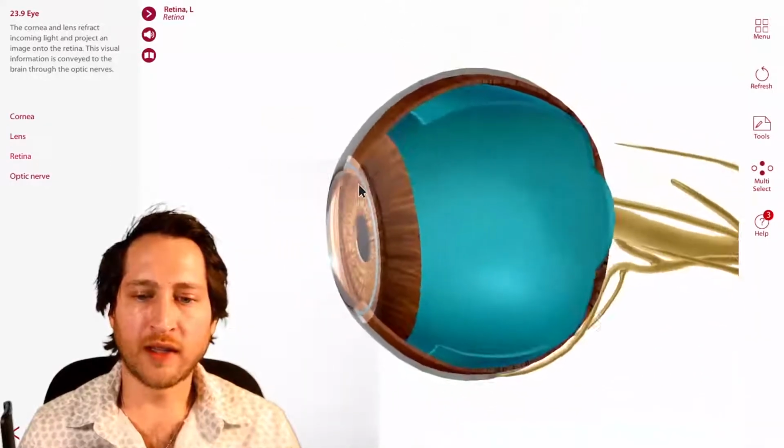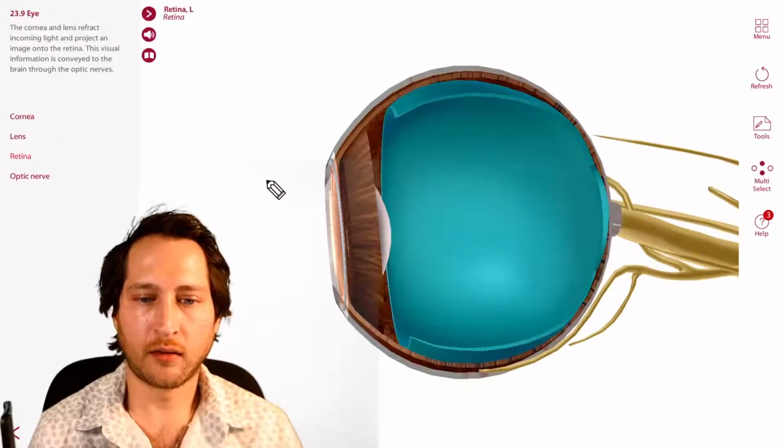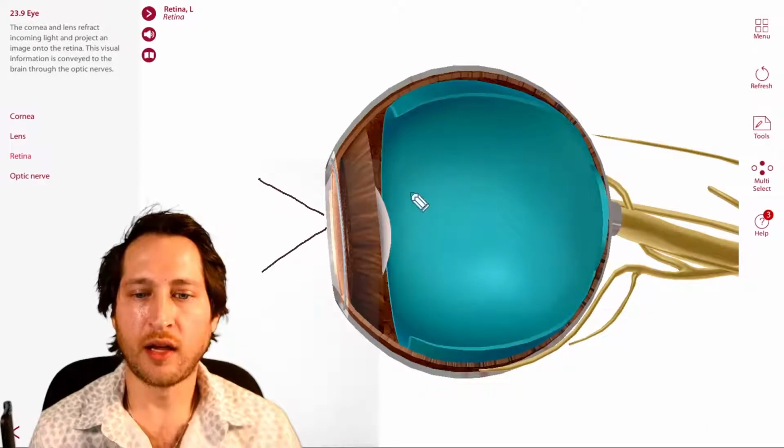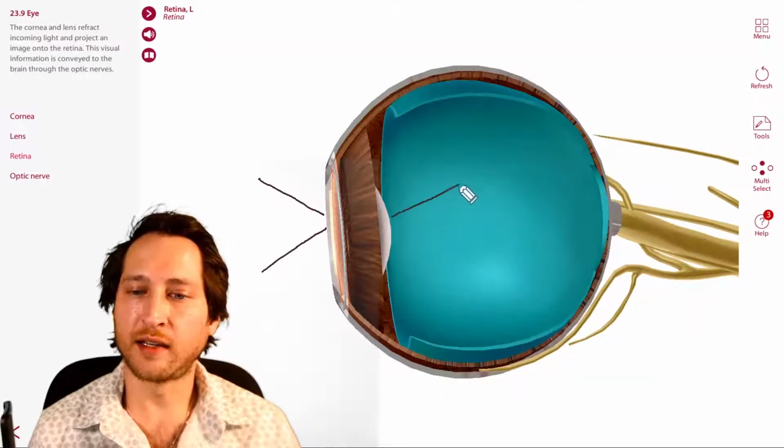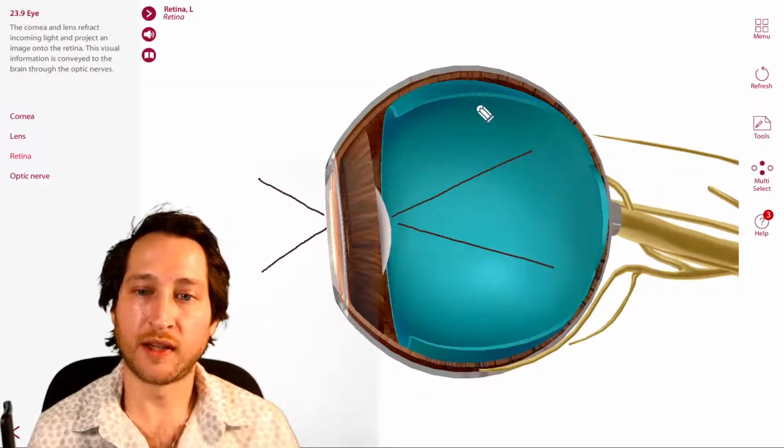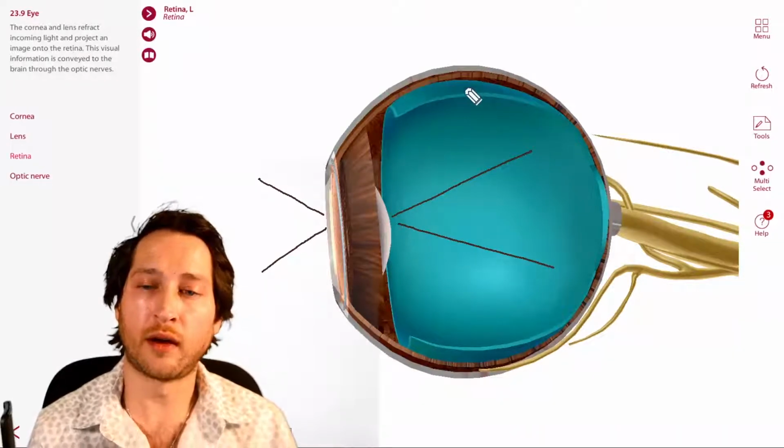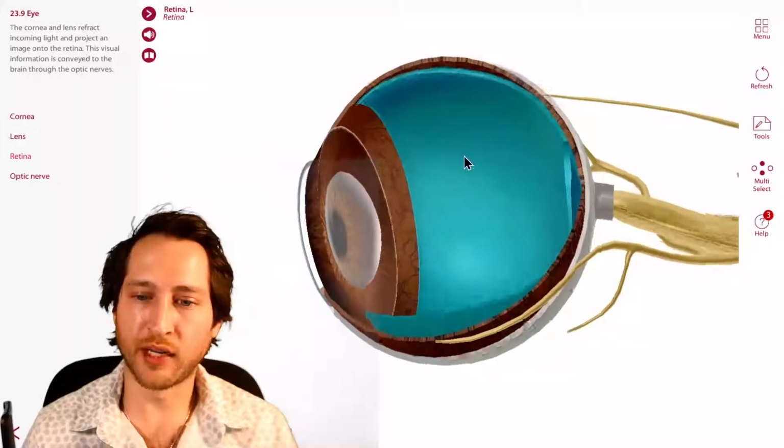Now, once incoming light comes through that cornea and then is focused and refracted by that lens, that light is going to be sent to this neural layer, or the retina. And that's what's highlighted here in green.